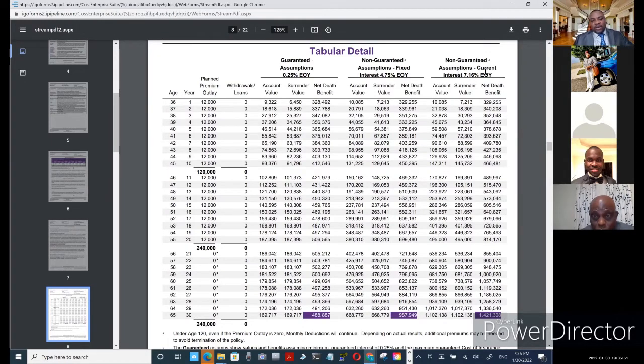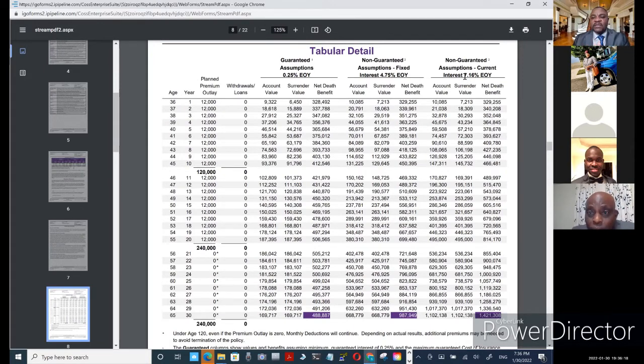Remember, when we were reviewing the index universal life, we always show our client that this is an index account, which means you have the opportunity to make money without losing money. For you to participate in market upward movement without participating in downward movement, there's no way you can go with fixed. You want to go with the current situation of the market, current crediting.